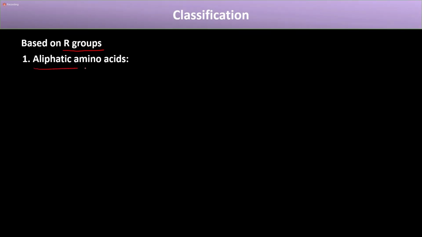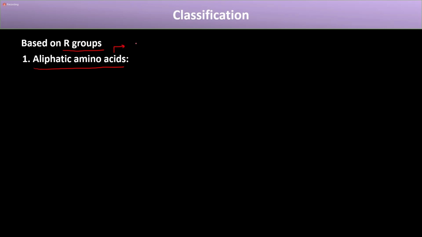Now, the second type of classification is based on the R group. Remember the structure in which there is an R group, right? And this R group divides the amino acids into 20 types. Based on the R groups, the first type of amino acids are aliphatic amino acids. So what does it mean?